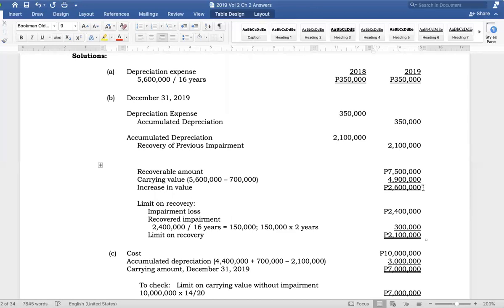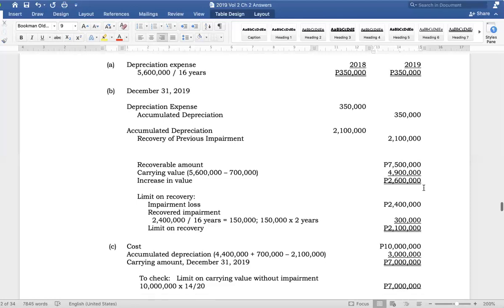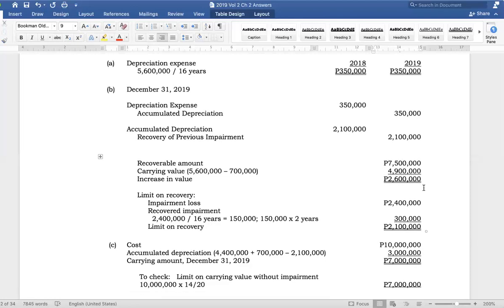Now, if this 2,600,000 will be covered by the limit on recovery, then you will be recording the full amount of 26. But if this 26 is not within the limit, then what you will record as recovery of impairment is only the limit. So how do we compute again? Your limit on recovery is the original impairment loss of 2,400,000, but your recovered impairment annually is 150,000.